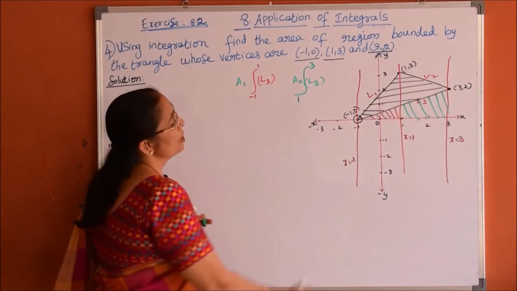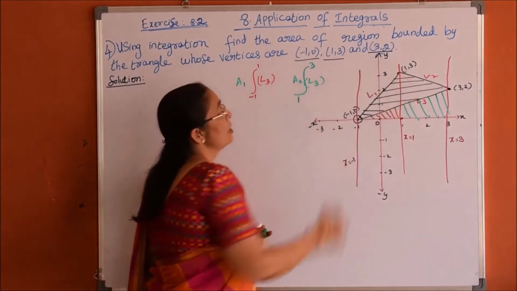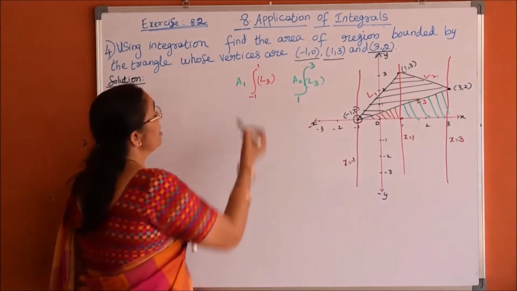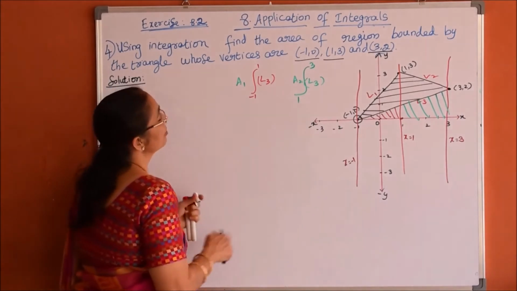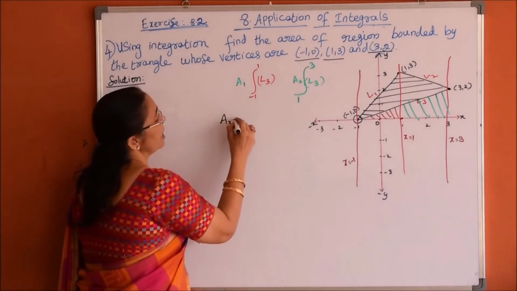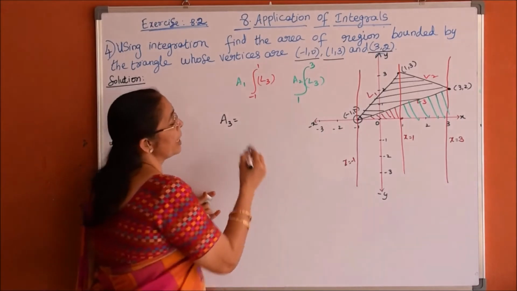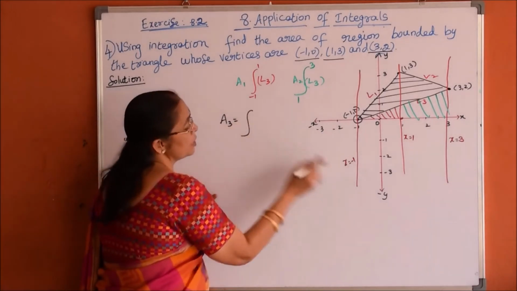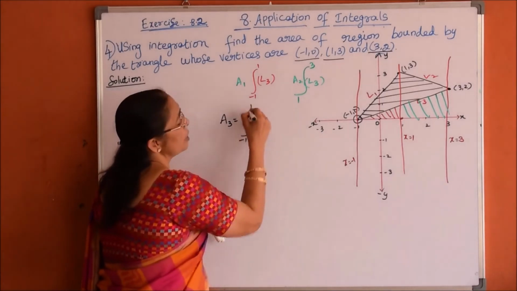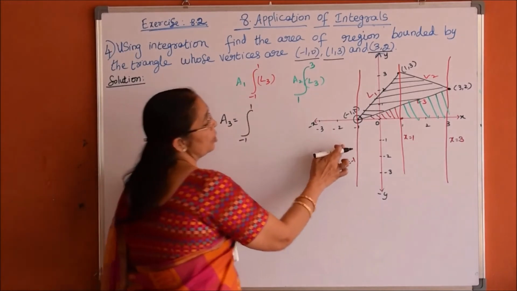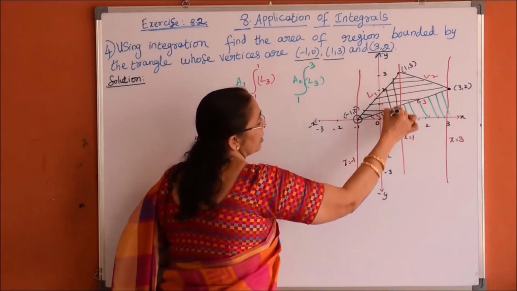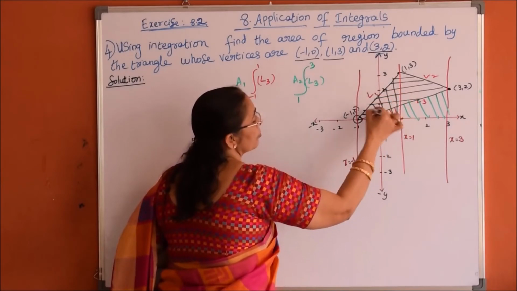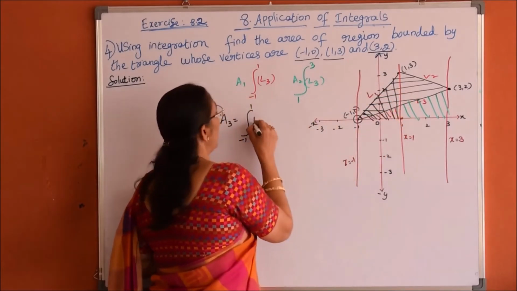Now, coming to this full portion, that is the area between, let me mark it as A4, sorry, A3 is the area covered by the line x is equal to minus 1 to x is equal to plus 1 by the line L1, the full area by the line L1.